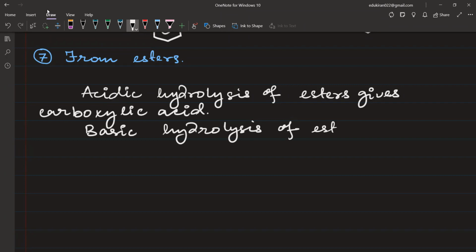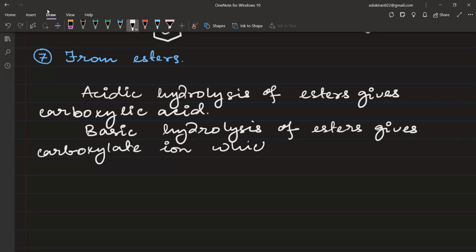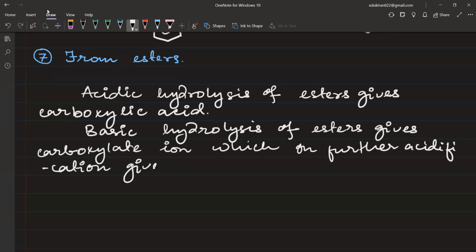Basic hydrolysis of esters gives carboxylate ions, which on further acidification gives carboxylic acid.